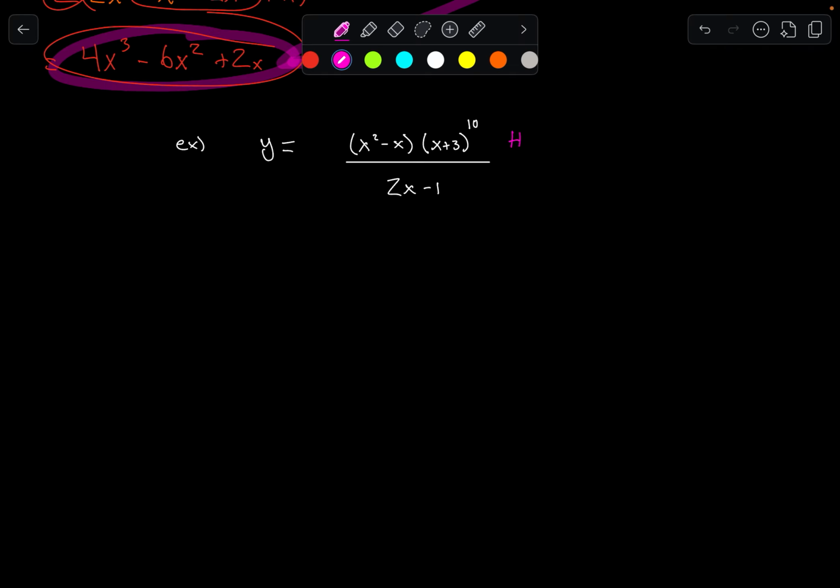So this is the high, this is the low. But I know at some point in the quotient rule, I'm going to need to take the derivative of the high part. And if we isolate this on our own over here, there's going to be a product rule.